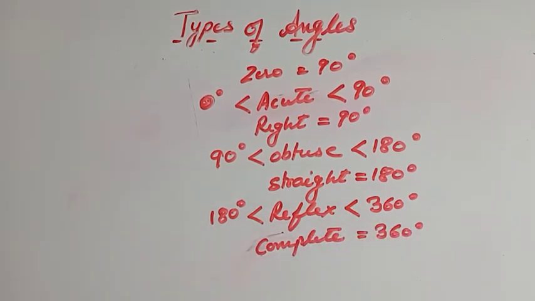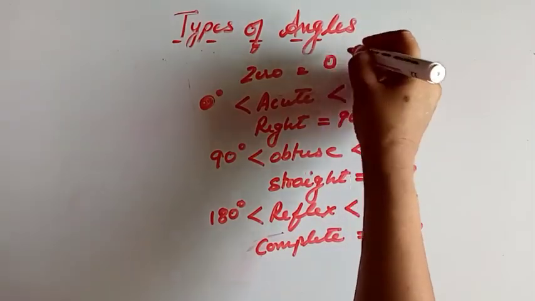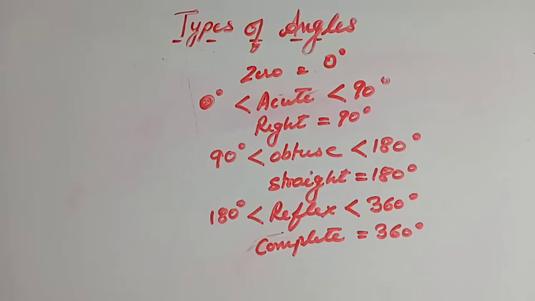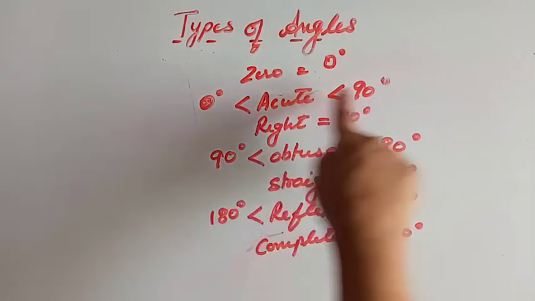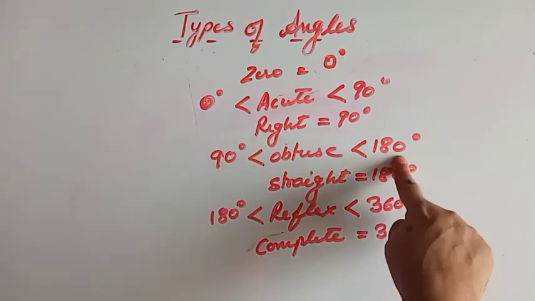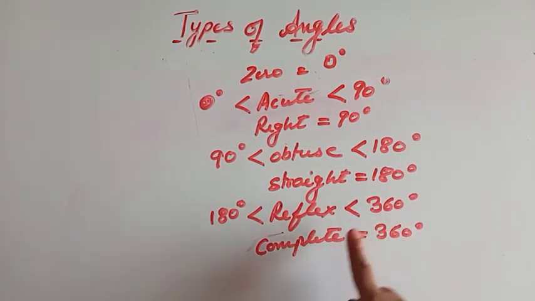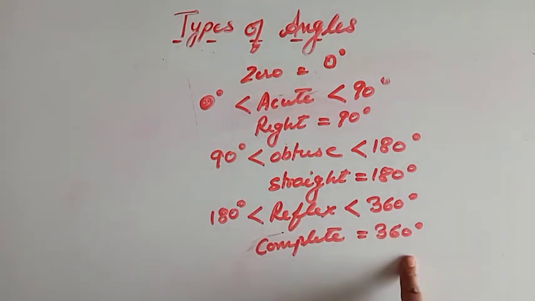Clear? Zero angle equal to 0 degree, acute angle more than 0 but less than 90, right is equal to 90, obtuse more than 90 but less than 180, straight equal to 180, reflex more than 180, less than 360, complete is always equal to 360 degree. These are the different types of angles.